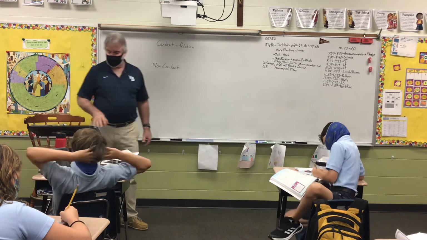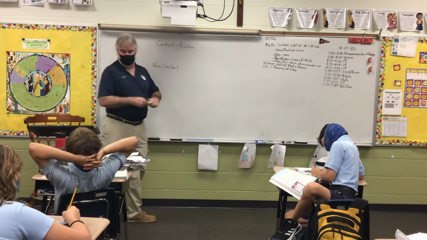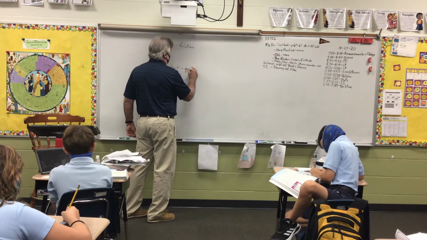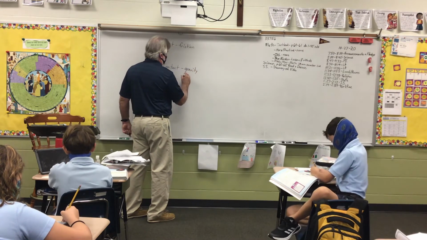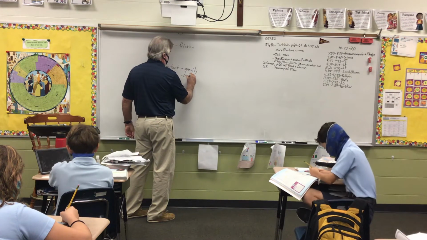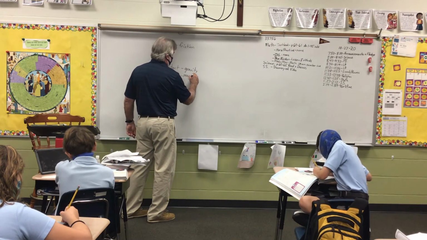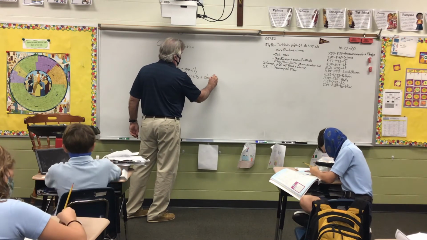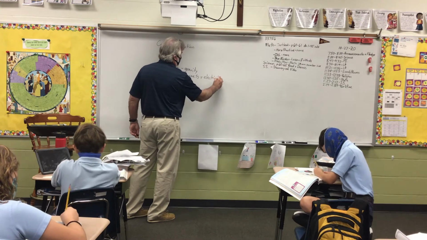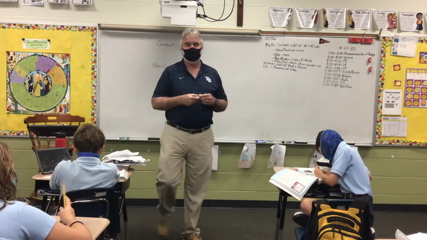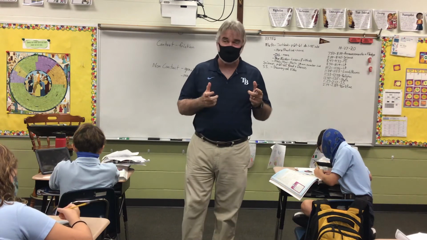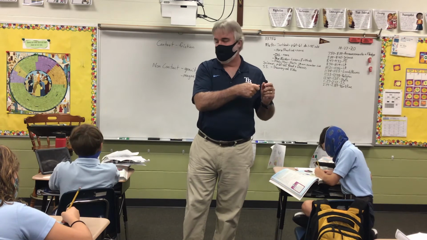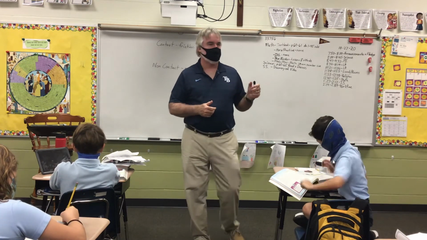Then they also talked about the non-contact forces. They talked about gravity, and they talked about magnetism, magnets, and electricity. The electricity part is when you would take some batteries and wrap wire around a nail, and you can magnetize that nail.